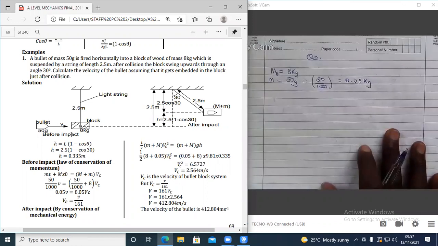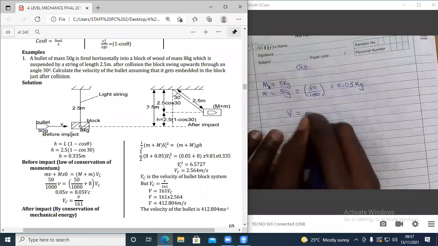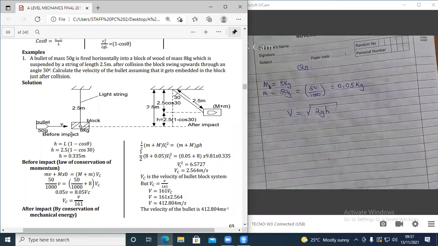Velocity depends on the height, and we say the common velocity v is equal to the square root of 2gh.